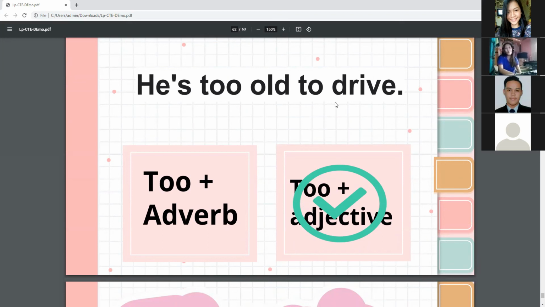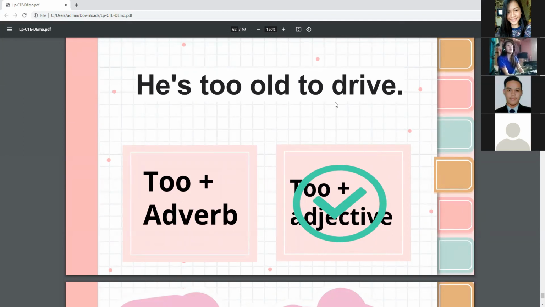So do you guys know how to use the form or the rules of too and enough? Yes, ma'am. Okay, so you now understand that you must use too and enough carefully. Sometimes we use too, but we must use very or really. So you have to be mindful with your sentence. When you are using too, it often indicates a negative meaning.